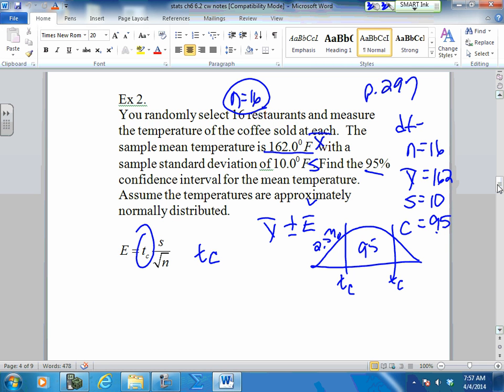What's your degrees of freedom? 15. This is important. So use your chart, come across the top to confidence interval 95, come down the degrees of freedom to 15, and find TC. It gives it to you in the positive. So what did you find for your TC? 2.131.